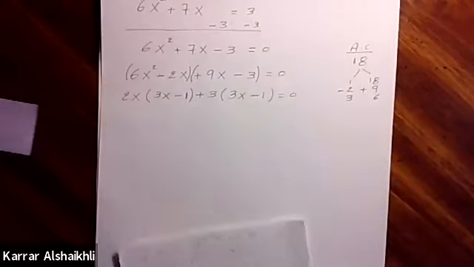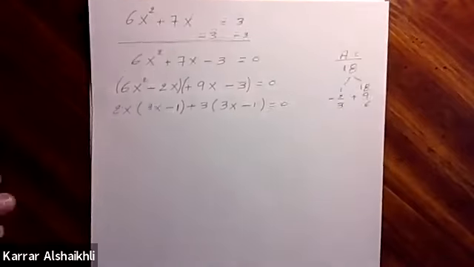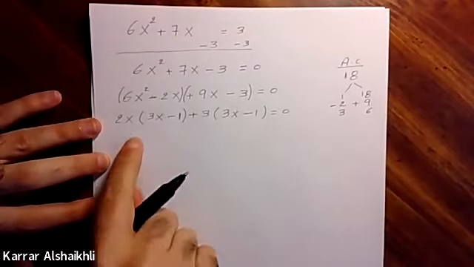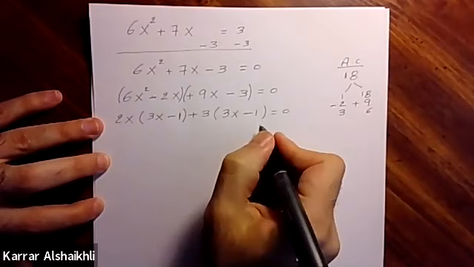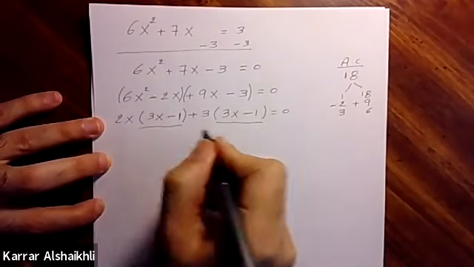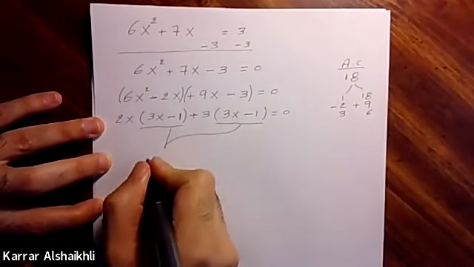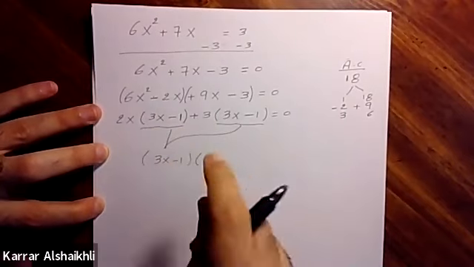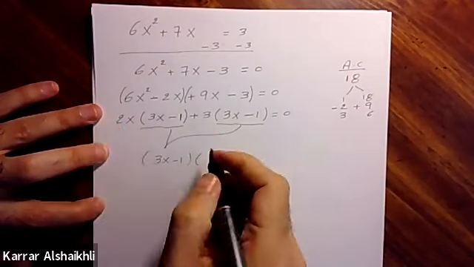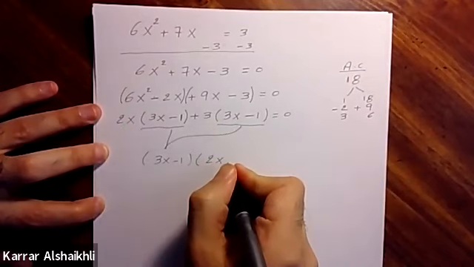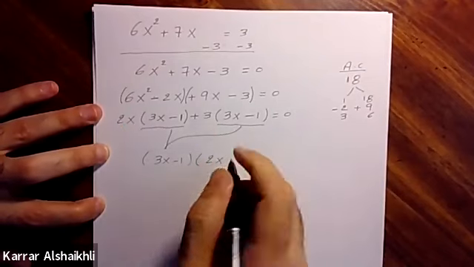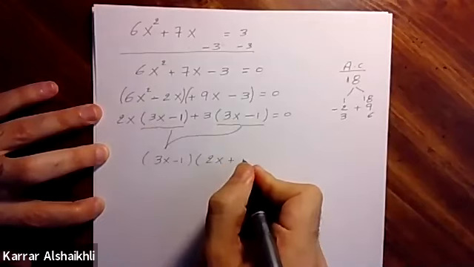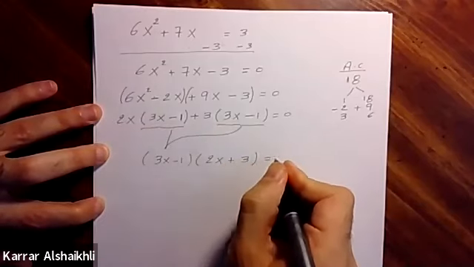I'm done with these. Now, I already know I have the right solution because I have exactly the same parentheses. So I'm going to write down 3x minus 1 and the leftover 2x plus 3 equal to 0.